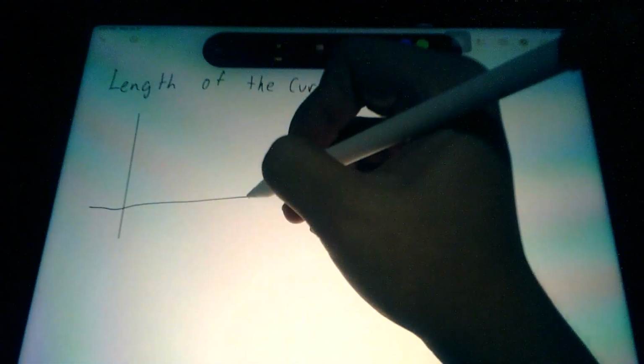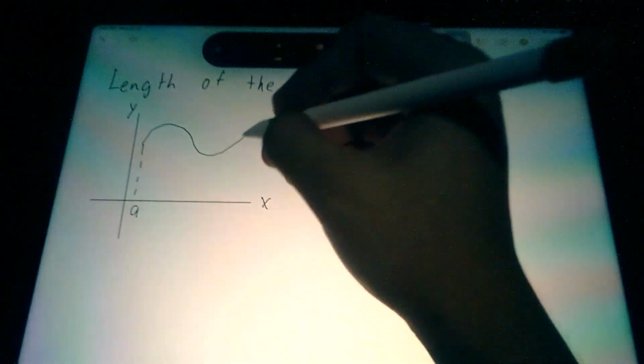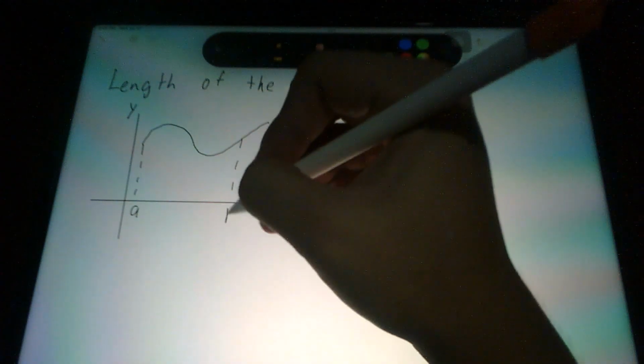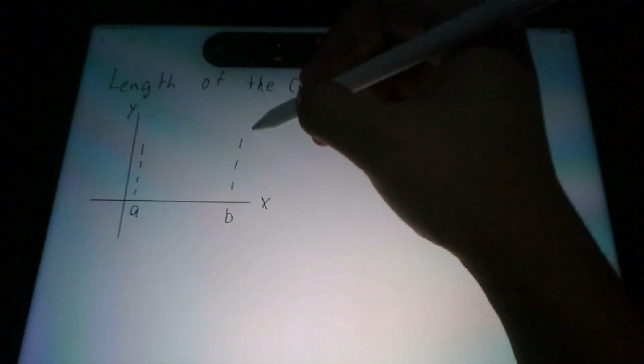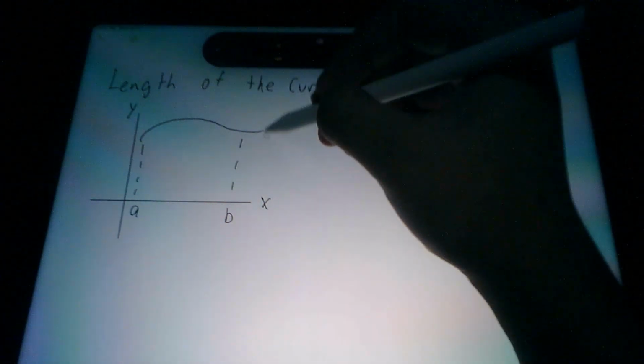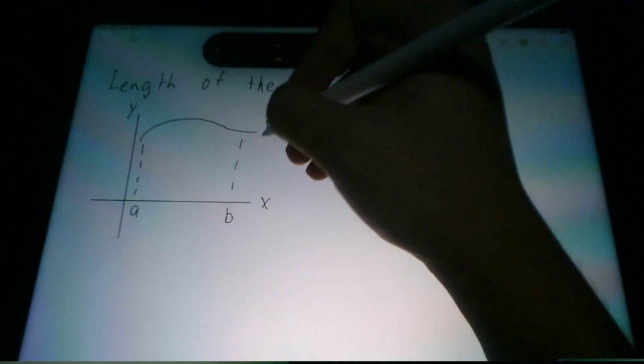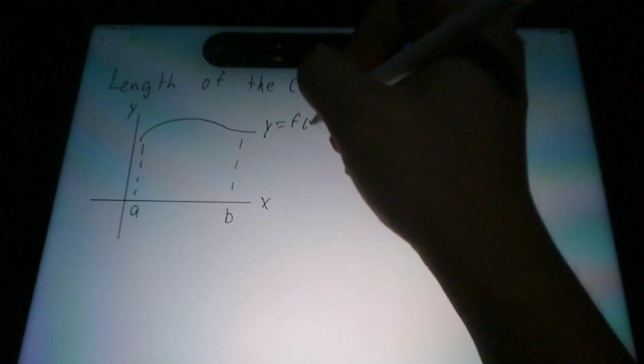So if we say we have a line here, this is our y-axis and this is our x. Let's say we have a curve here. This is bounded by point A, and let's say this is bounded by point B. Say we have this here, and this curve is equals to y of f of x.